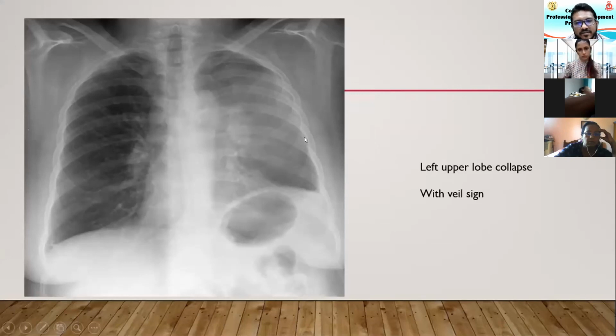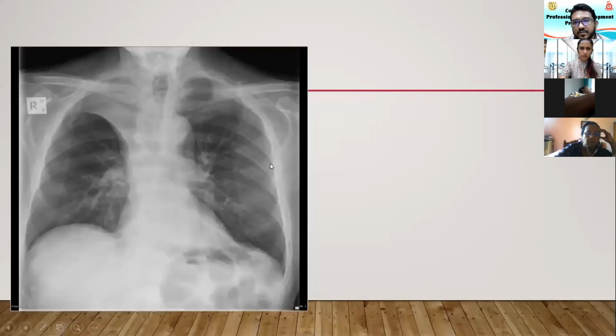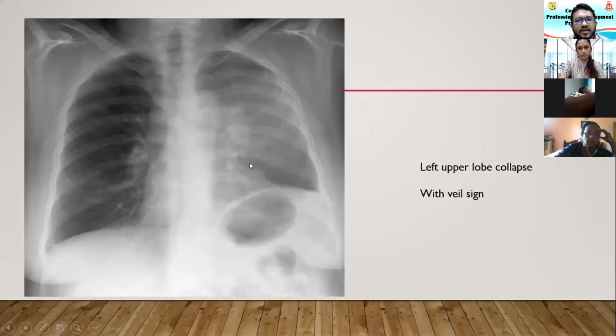You don't see much of the opacity, and the clarity of that side goes out with the volume loss and elevation of the left hemidiaphragm, and there is a diffuse homogeneous opacity. This is kind of a ground glass opacity, if you want to really call it, but it's not truly ground glass.